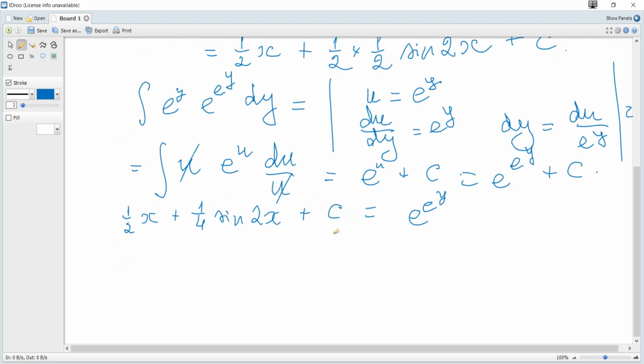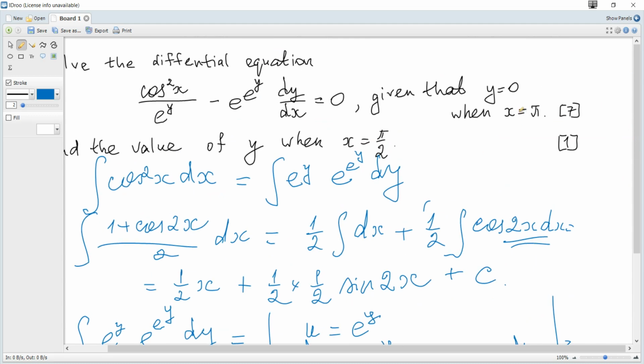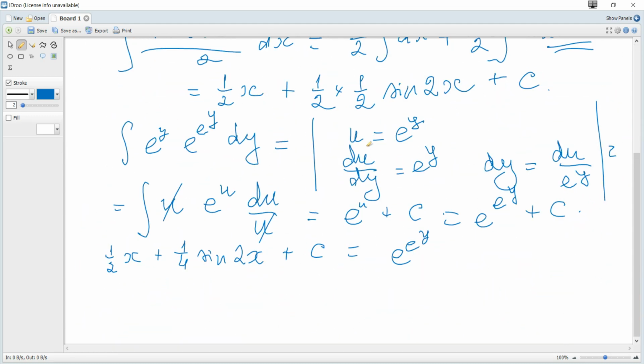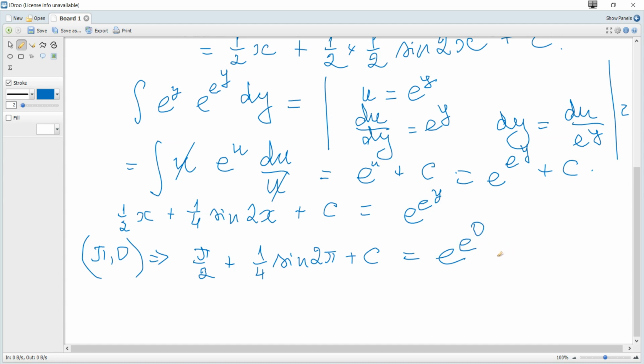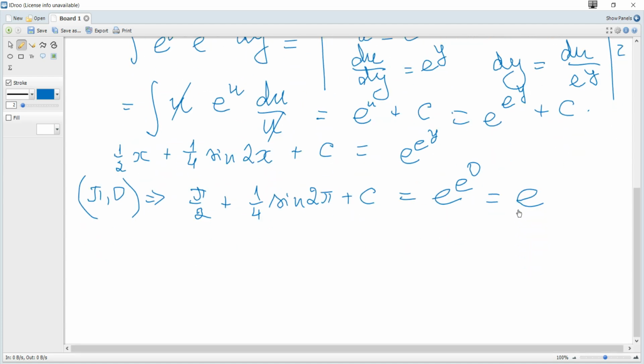And let's find the constant. It is given a point, actually pi, 0. So substituting pi, 0, we get the next. x is pi, so it becomes pi over 2 plus 1 over 4 sine of 2 pi plus constant is e to the power of 0, which is 1, so it's just e.